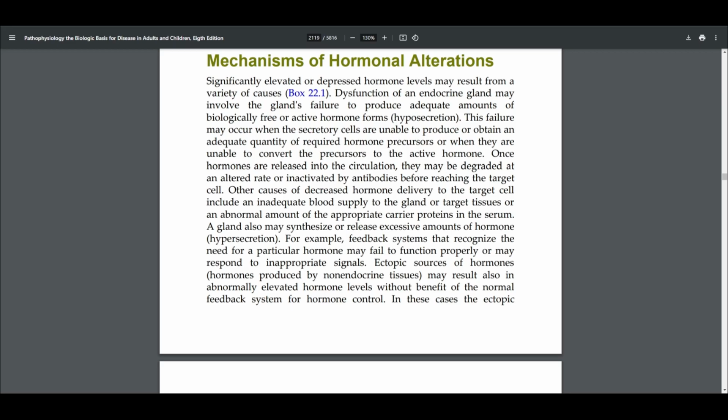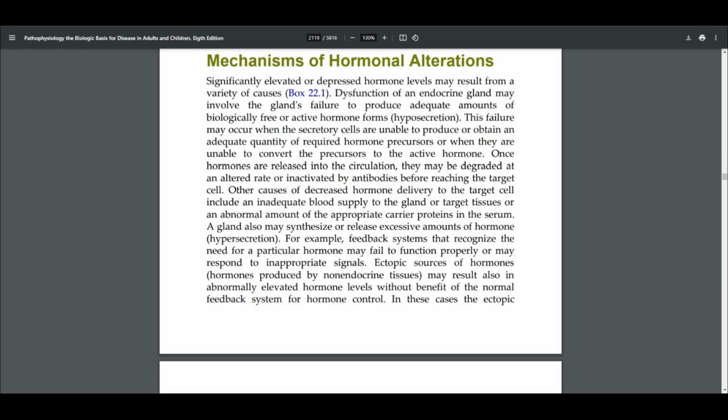Significantly elevated or depressed hormone levels may result from a variety of causes. Dysfunction of an endocrine gland may involve the gland's failure to produce adequate amounts of biologically free or active hormone forms, your hyposecretions. This failure may occur when the secretory cells are unable to produce or obtain an adequate quantity of required hormone precursors, or when they are unable to convert the precursors to the active hormone.